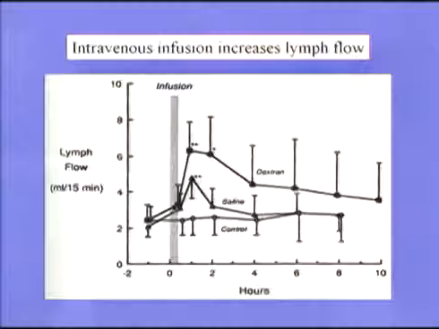Now, the mistake that was made was that we did not recognize interstitial edema. By edema, we meant alveolar edema. But we now know that that was a misconception, and that as soon as the pressure rises in the pulmonary capillary, the amount of lymph flow increases.